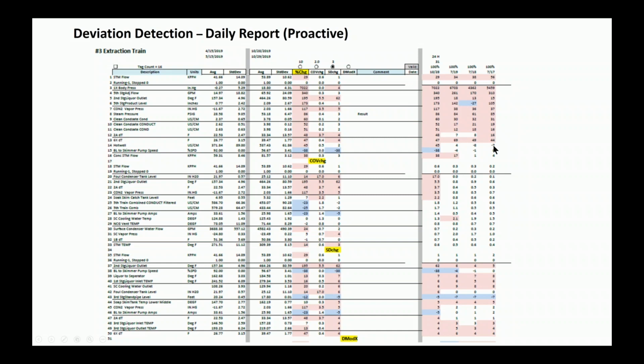For instance, this one, I'm not sure you could read it, but it's -7, -8, 4, 43. Well, those are significant. I should probably look at those because they changed between yesterday and today. So this kind of report could be used by anybody, operators, managers, as a quick look to see if they need to pay attention to anything.